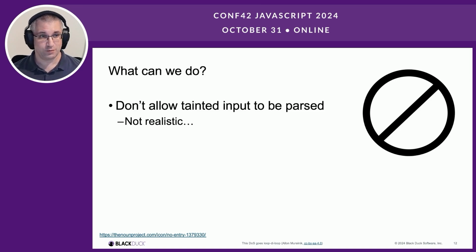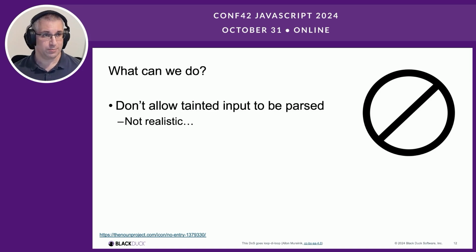JSON parsing is ubiquitous in general and in Node.js in particular. A lot of applications or services pass information between them in a JSON format. So just saying never pass any string you get from an outside untrusted source as a JSON is not realistic.